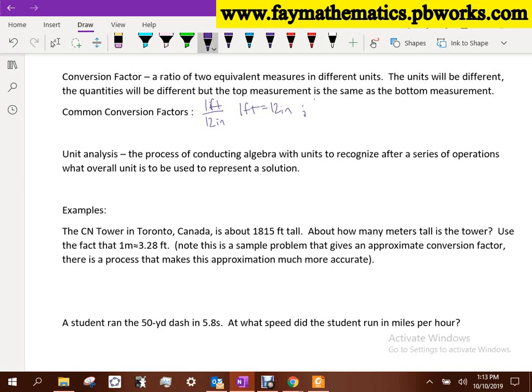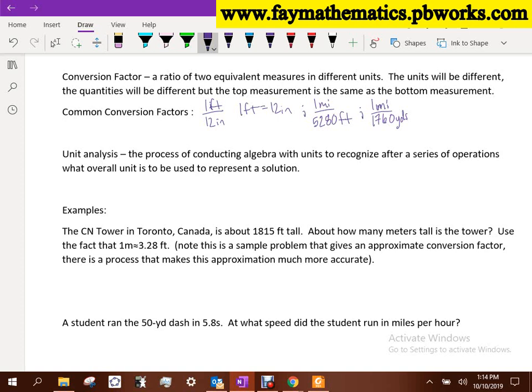Do you know how far 1 mile is in feet? Good, 5,280. Anybody know how many yards are in a mile? 1,760. Okay. So 1 mile is 1,760 yards.